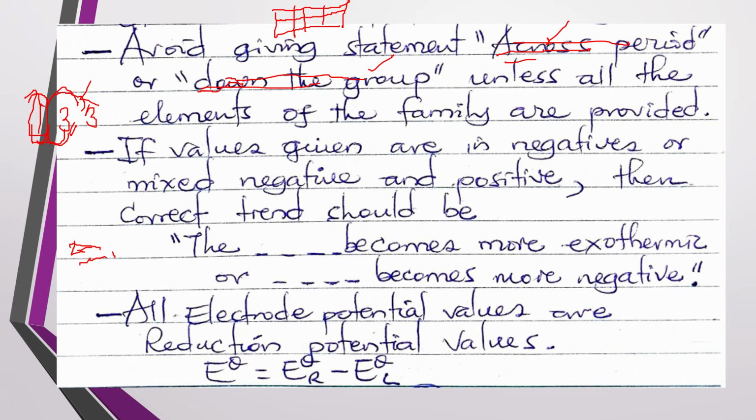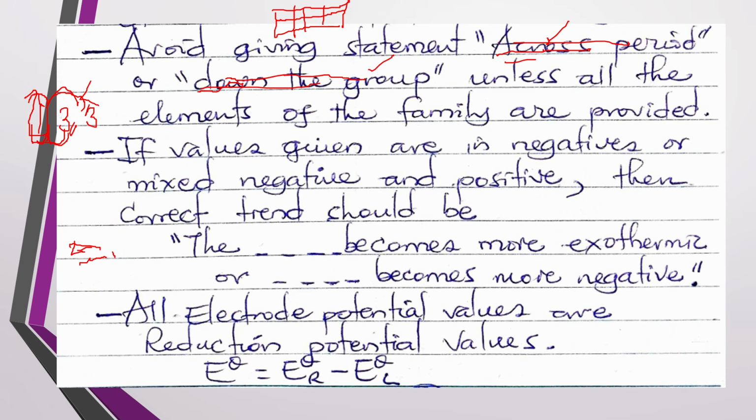You simply mention what you are seeing on the table. If it's ionization energy, you say that it is increasing from magnesium to aluminium. You mention what you are seeing in the table that has been given in the question. So avoid generalizing by saying across the group or down the group.